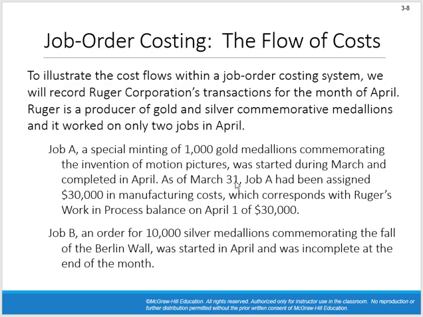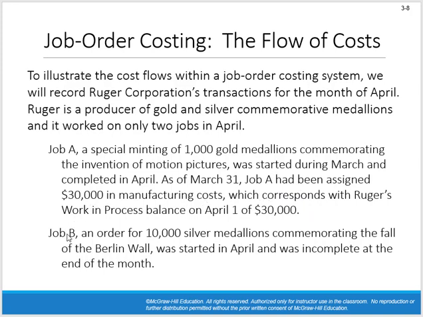As of March 31st, Job A had been assigned $30,000 in manufacturing costs, which corresponds with Ruger's WIP, or work in process, balance as of April 1st. So that's our beginning WIP, $30,000, all of which belongs to Job A.